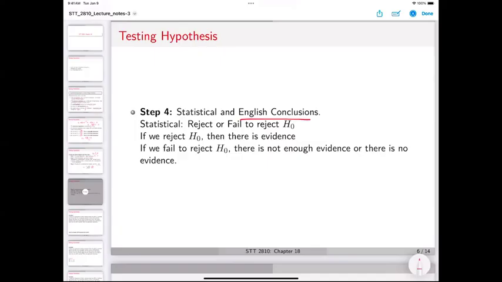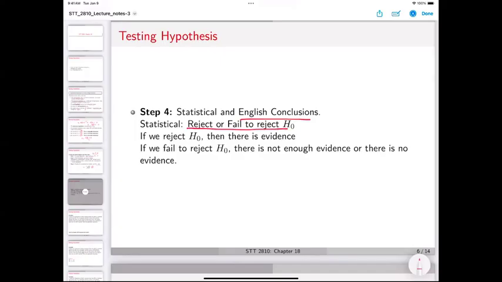What are the statistical conclusions? The statistical conclusion takes only 2 forms. Either we reject H naught or we fail to reject H naught. It's going to be only 2 ways. So I want you to write that.